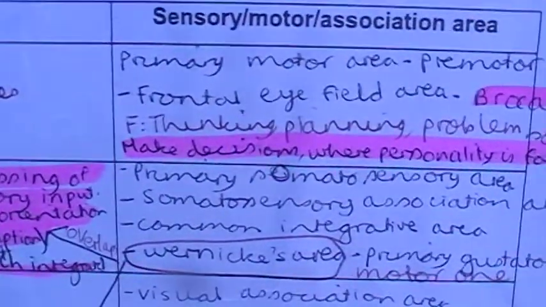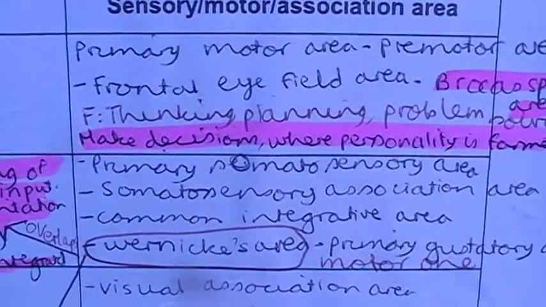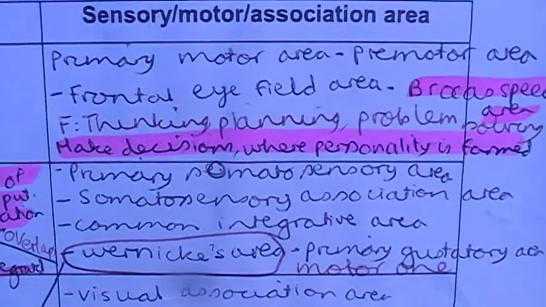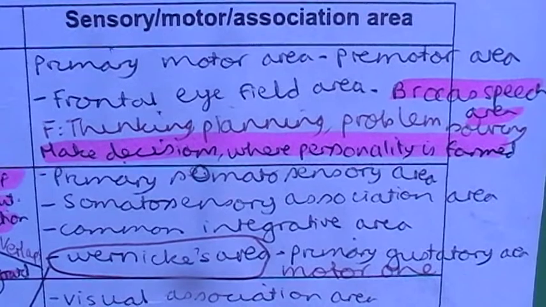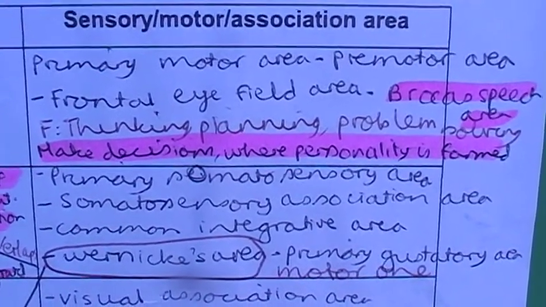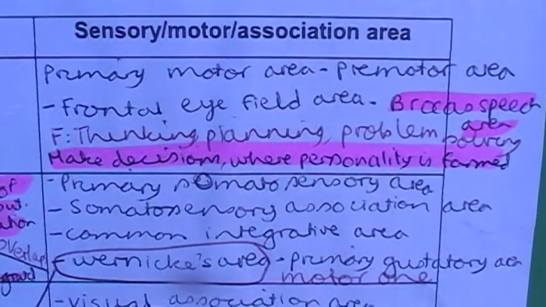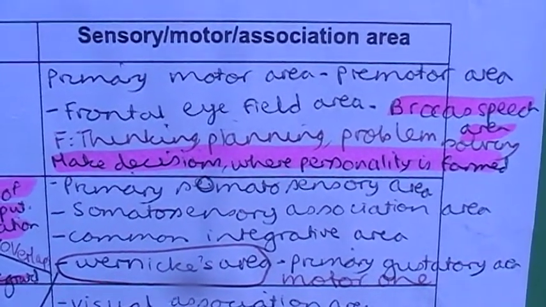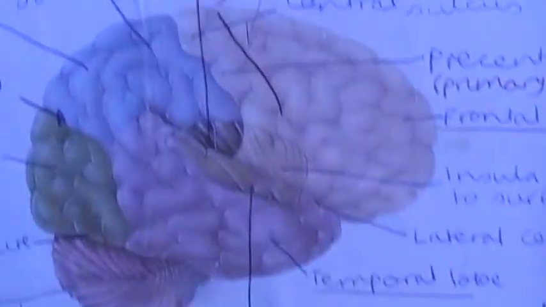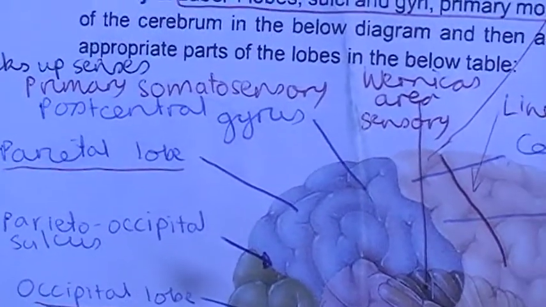The parietal lobe is the primary somatosensory area. It's also the somatosensory association area. It's the common integrative area. Parietal lobe is the integrative area.